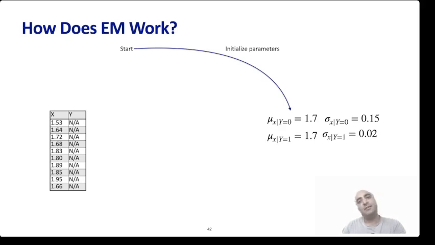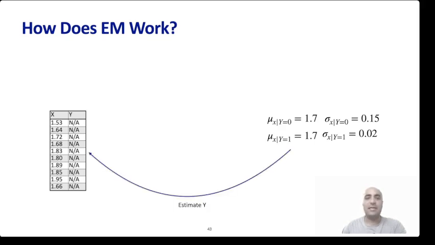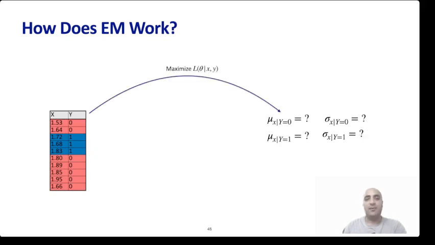What we have is a set of fixed values for the parameters, and we can use them to estimate the values of the hidden variable. Using these fixed parameters, we get this estimation for the y value, and now we know how the data set looks.